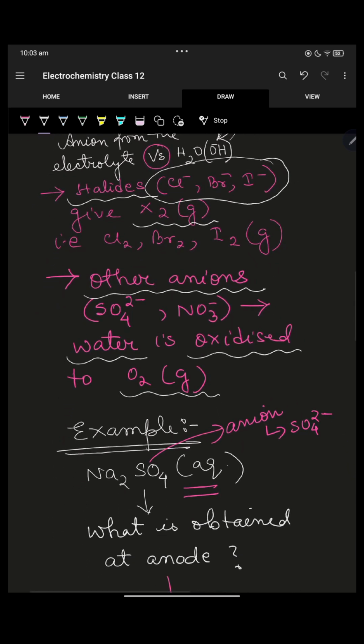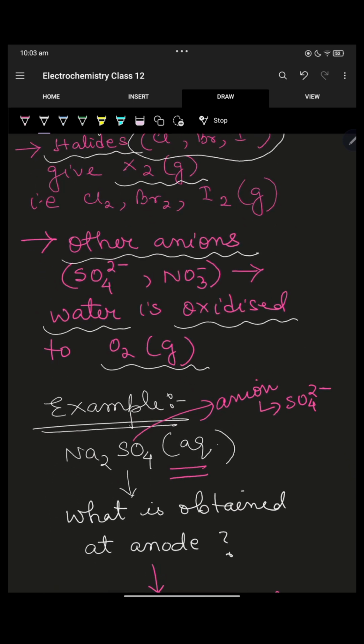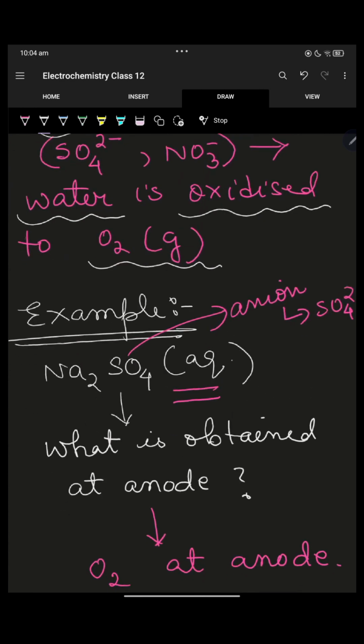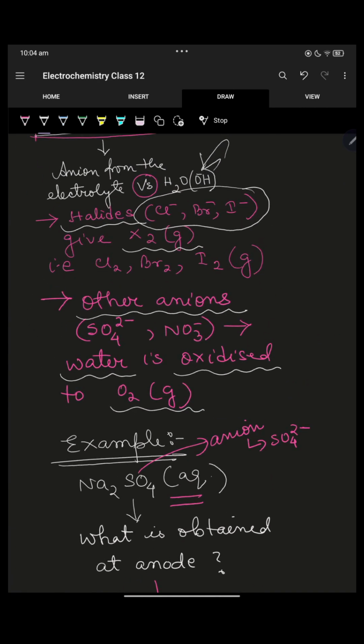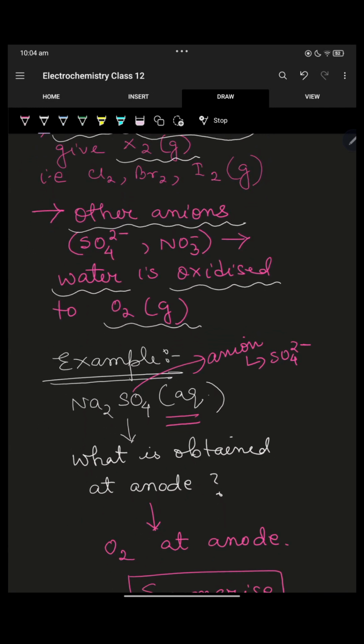But if other anions are present, be it sulfate or nitrate, then water is oxidized to oxygen gas. So for anions like halides, halogen gas is obtained. For other anions, oxygen gas is obtained by the oxidation of H2O.